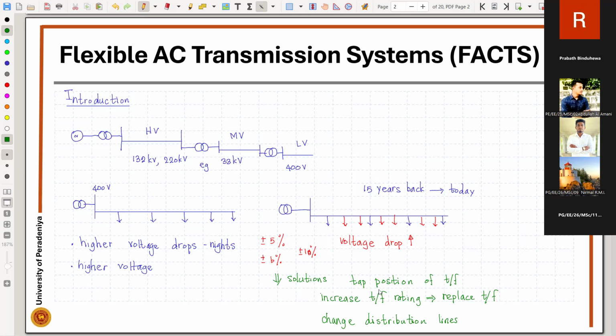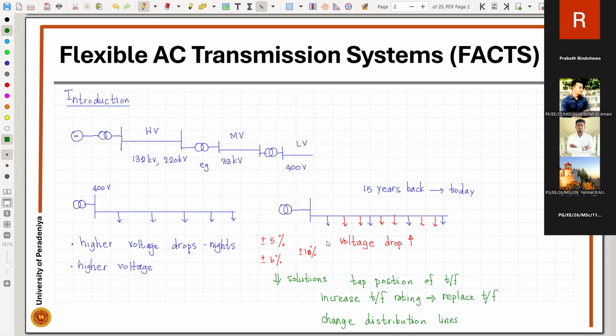So what you can see here is that we see some kind of issues in certain time of the day and sometimes some problems that we see over the years gradually creeping up. Now, if we consider the second case where the number of consumers are increasing, the solution can be to increase the transformer rating, but that alone may not be a solution because we have the distribution line.